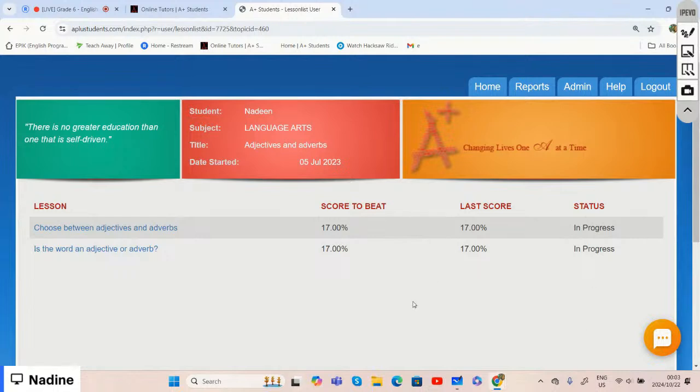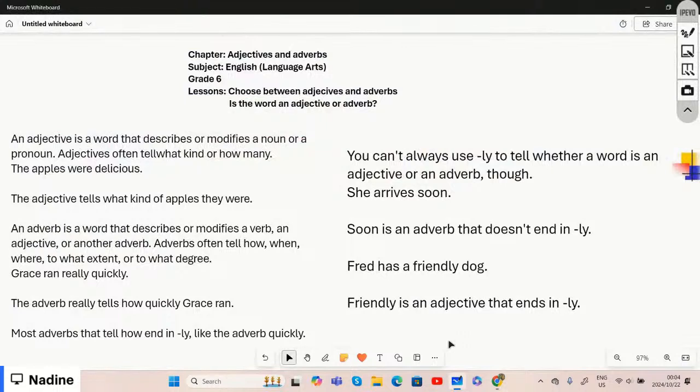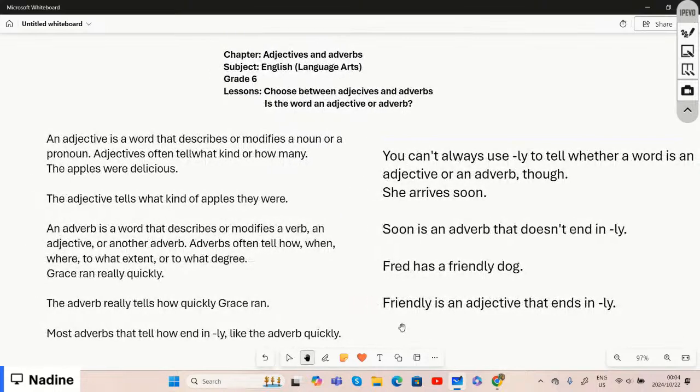All right. So our chapter is adjectives and adverbs. Our subject is English language arts.